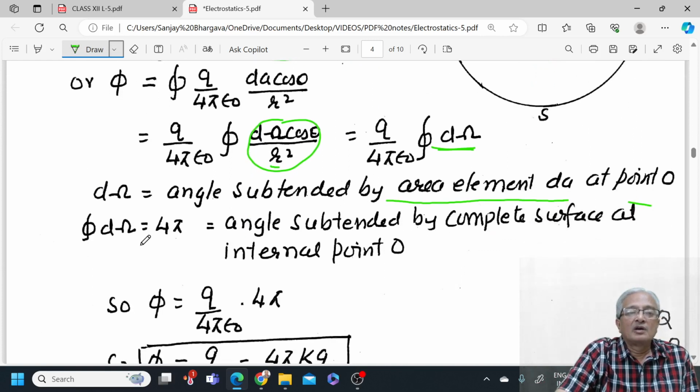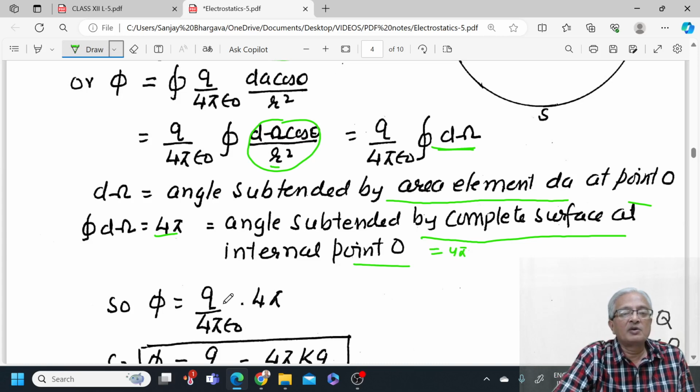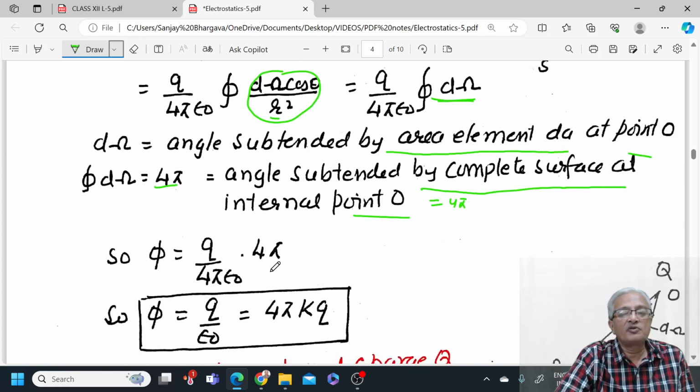Now integration d omega would be equal to 4 pi. Why? We have already proved angle subtended by the complete surface at an internal point O would be equal to 4 pi. So phi would be equal to q upon 4 pi epsilon 0 into 4 pi. 4 pi cancels out here.